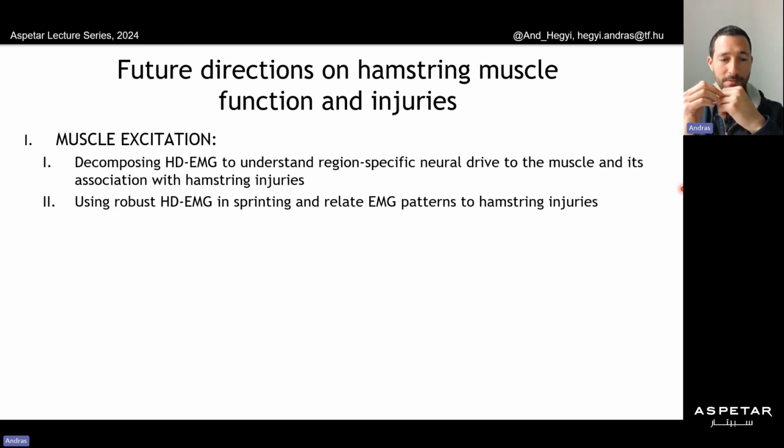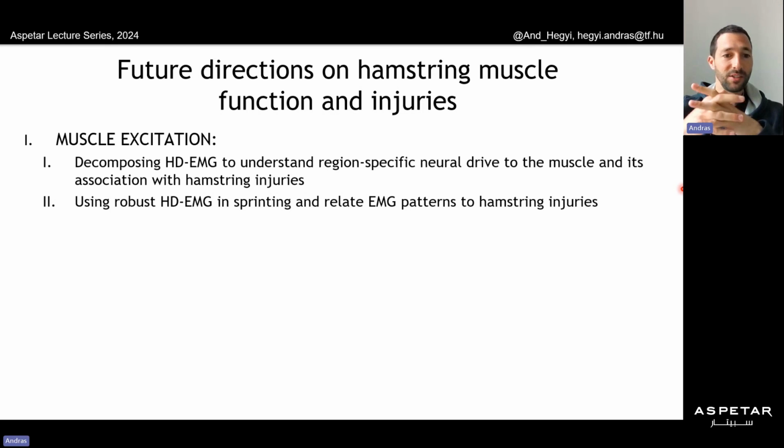So we have some very promising results from our collaborators from Italy, where they actually proved that our approach was valid, and the neural input can also be region specific, and it's highly dependent on the individuals, but we don't know if it's actually related to hamstring injuries. So this is one direction we try to go.